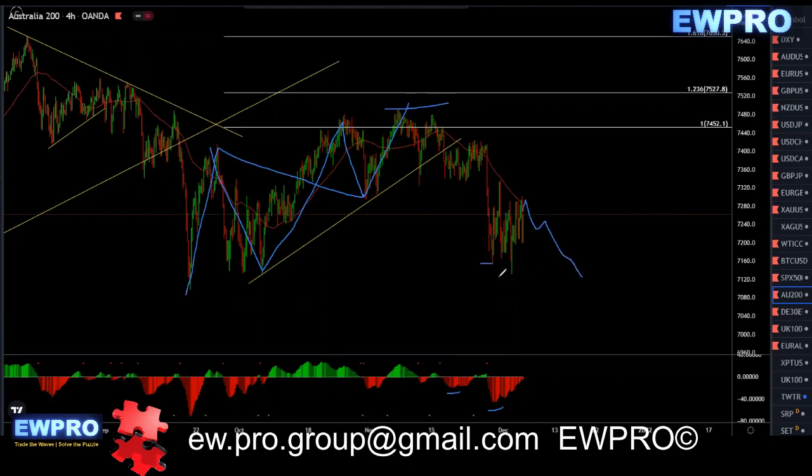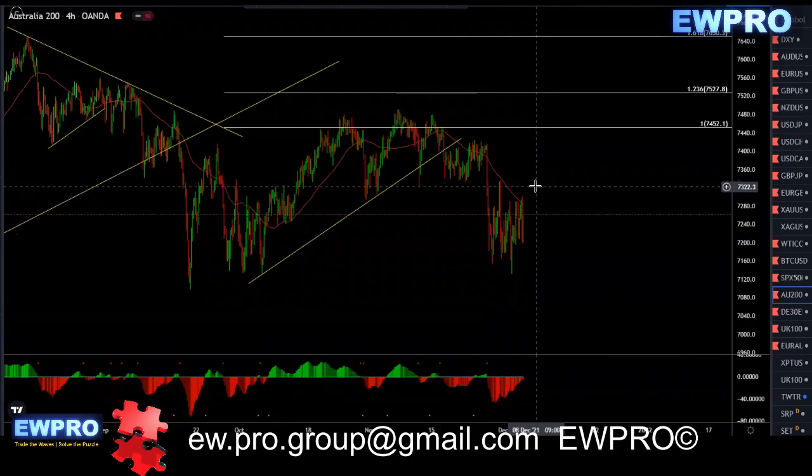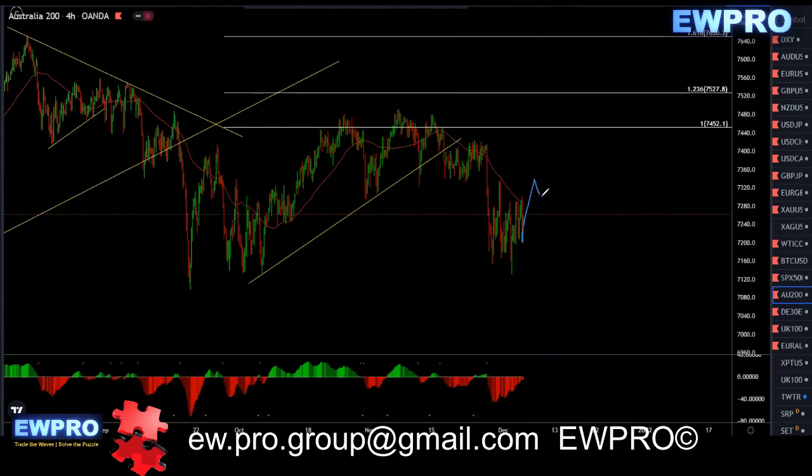The only way you can sell this now is put a sell stop under there, as some sort of A, B, C as a running or expanding flat, to get more downside. You could go down onto the lower time frames, wait for this wave up here, and then wait for yourself a setup on the lower time frames and look for that sell.